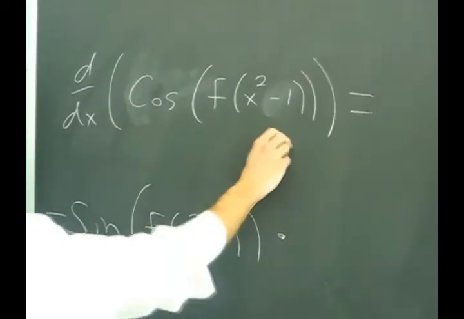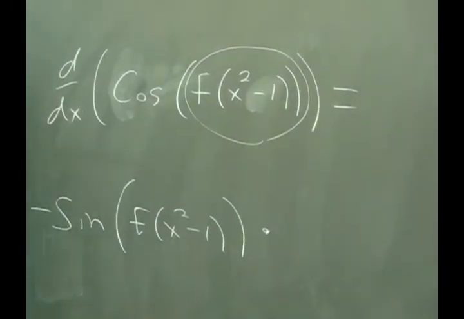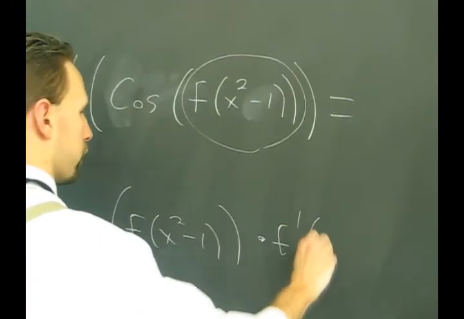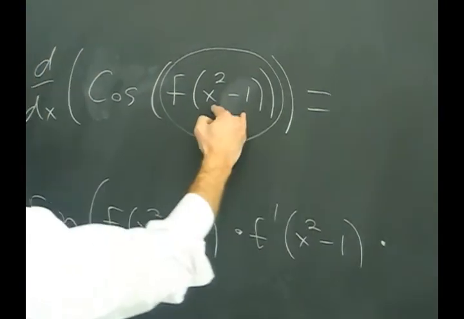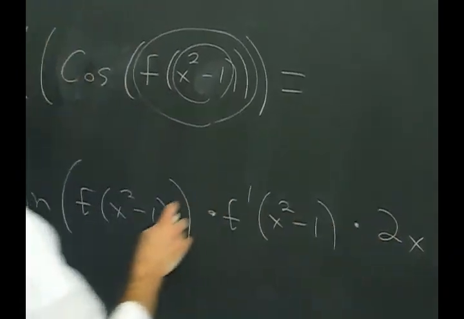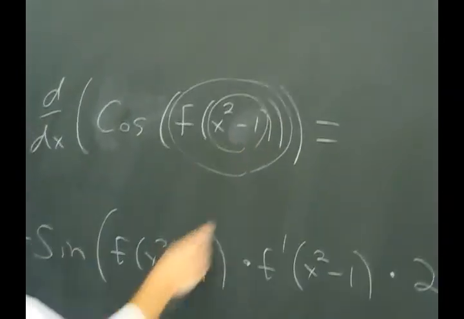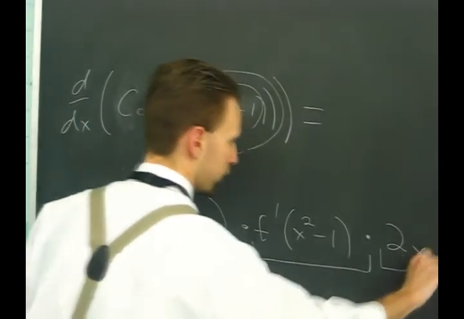Multiply that by, now we do this one. The derivative of f, we just write as f prime. F prime of x squared minus 1. And then we just multiply that by the derivative of the inside, 2x. There were 3 functions, cosine, f, and the inside, so you have 3 links in the chain, so to speak.